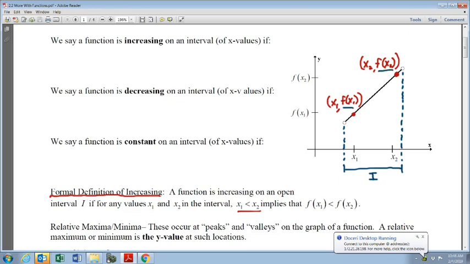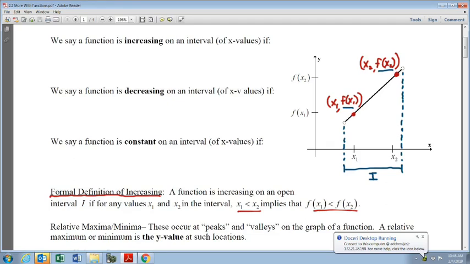And if you look at our outputs, f of x sub 1 and f of x sub 2, basically we're just looking at the height of the graph here. So you can see that f of x sub 1, the y value there, is smaller than the y value for f of x sub 2. So what we have here is that f of x sub 1 is less than f of x sub 2.